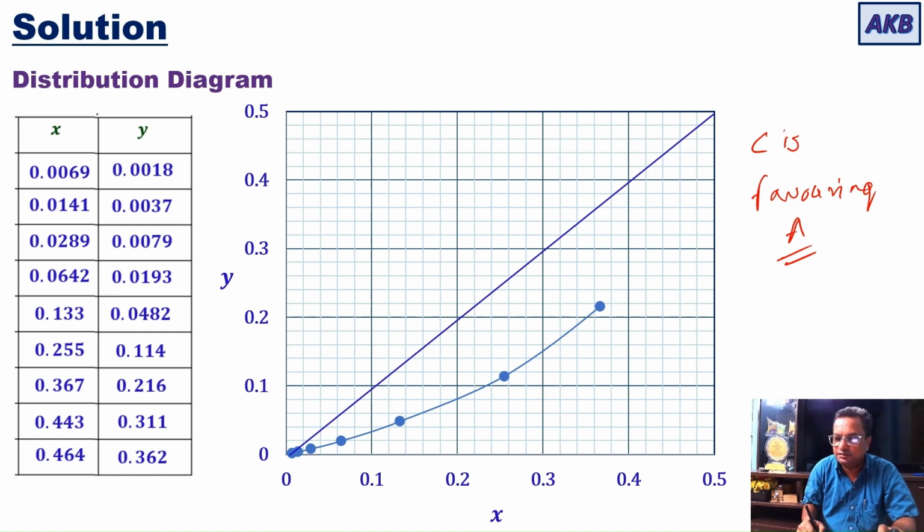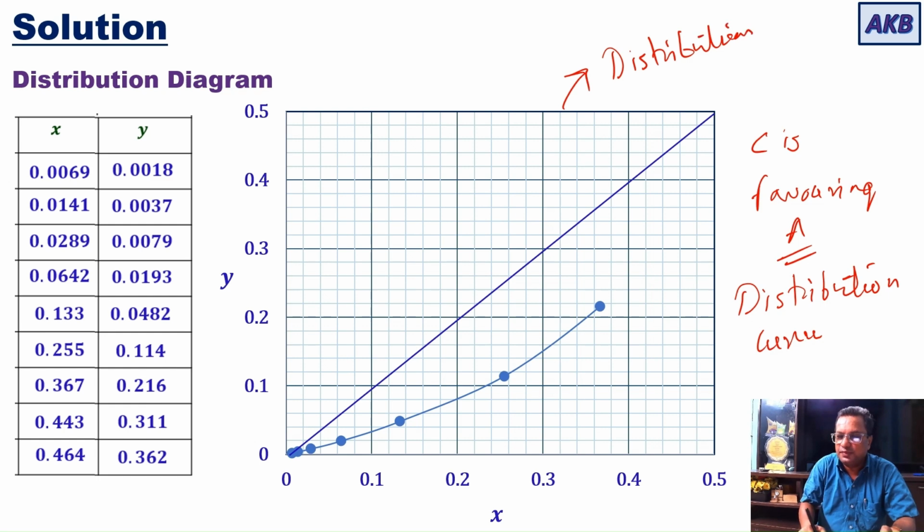And what is this curve? This curve is nothing but the distribution curve. And the diagram that we have drawn over here is the distribution diagram. So in this way, you can plot the distribution diagram.